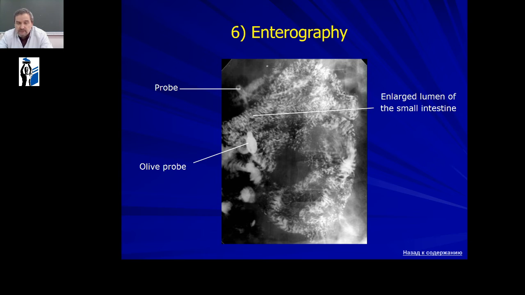The next method, following down the gastrointestinal tract, is enterography, using barium containing contrast substances, and we can see the probe, a live probe, and the enlarged lumen of the small intestine.